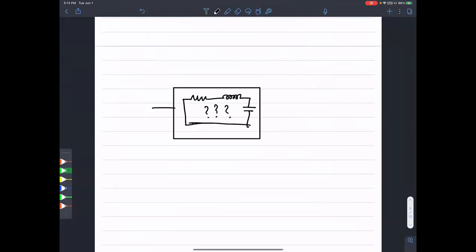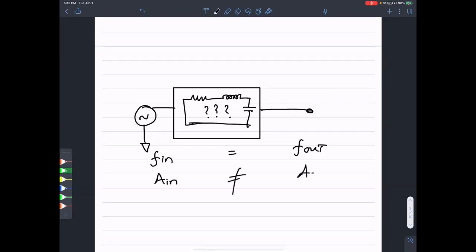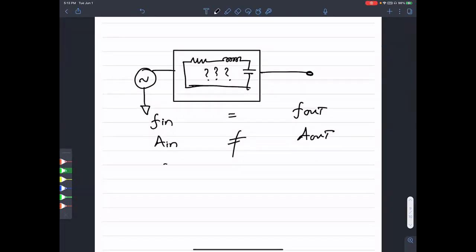When you apply a sine wave input to this, the general characteristics are that the input frequency and the output frequency are the same. The input amplitude is going to be different from the output amplitude, and the input phase is going to be different from the output phase. And what else? If the input is a sinusoid, you know for a fact that the output is going to be a sinusoid.